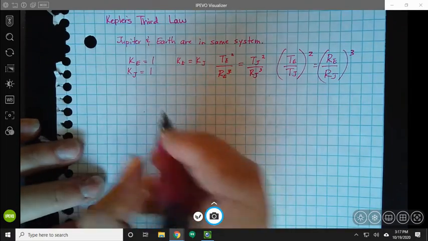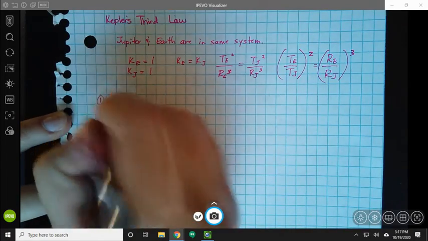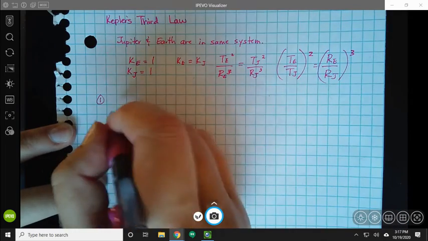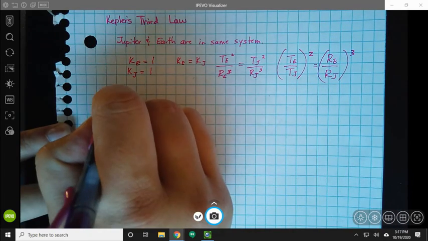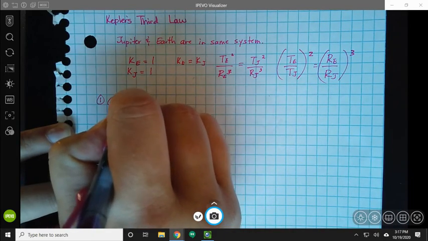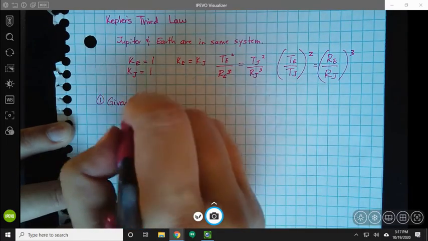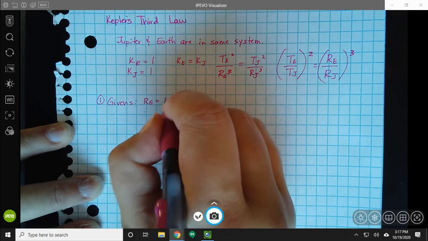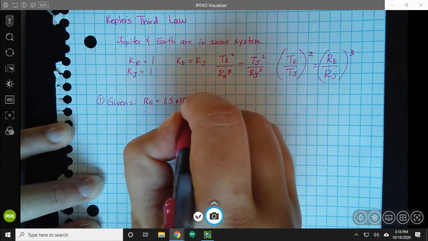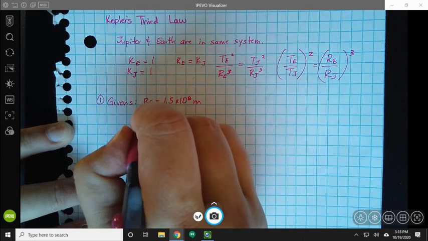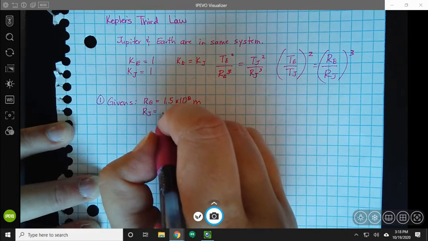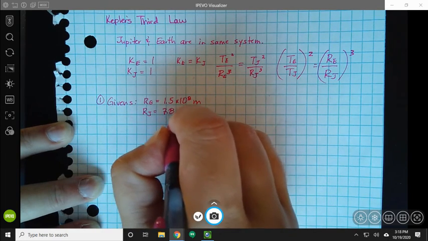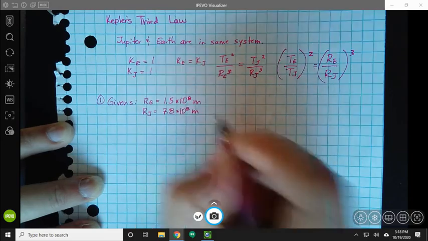So I'm going to give you some information for our problem. I'm going to give you the givens for this problem, and that is that Re is equal to 1.5 times 10 to the 8th meters, and Rj is equal to 7.8 times 10 to the 8th meters.